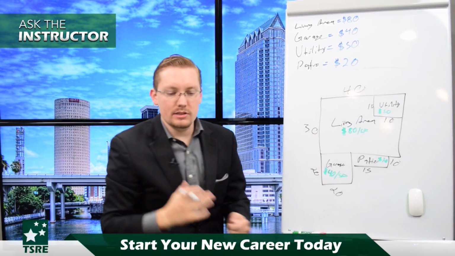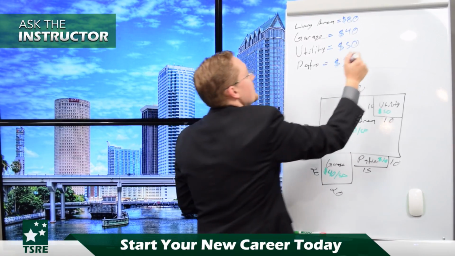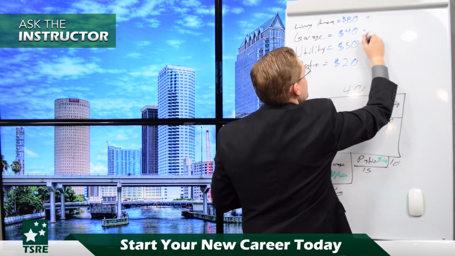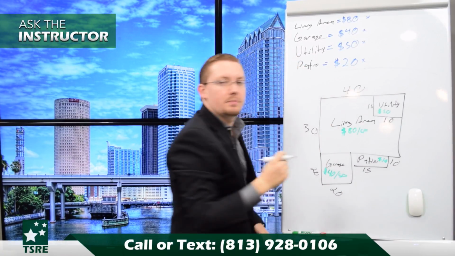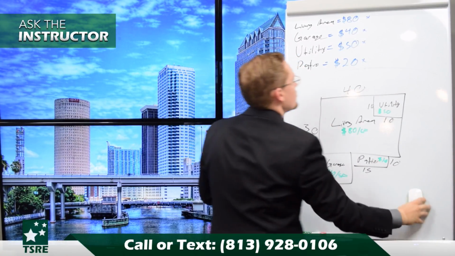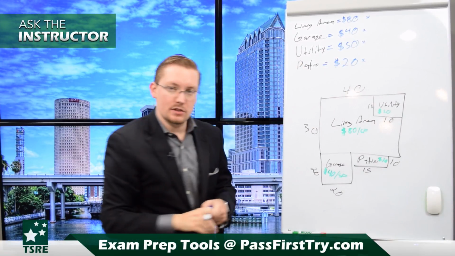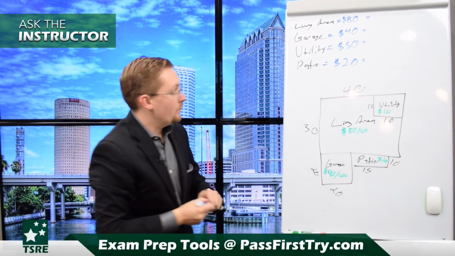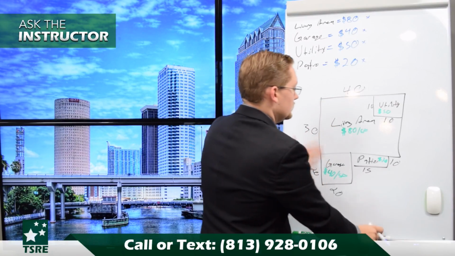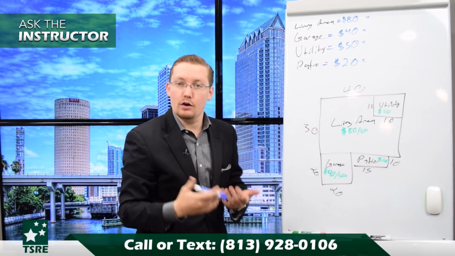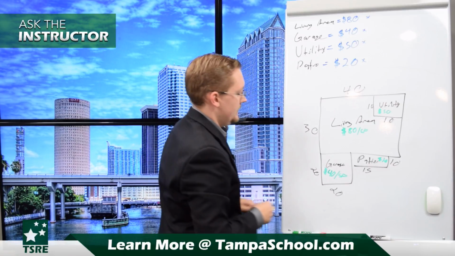Essentially, all we're doing here is taking each one of these costs per square foot and multiplying it by the actual square footage. We calculate that out for each piece of this property, and what we're left with is the actual dollar cost for each one, and that's going to be finding our reproduction cost of this particular structure.